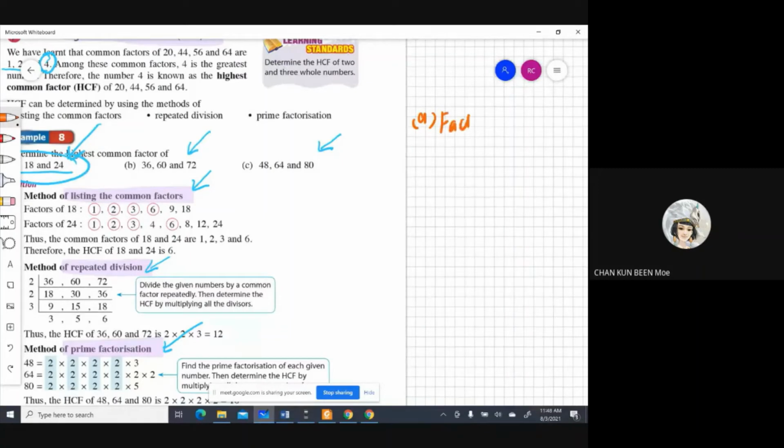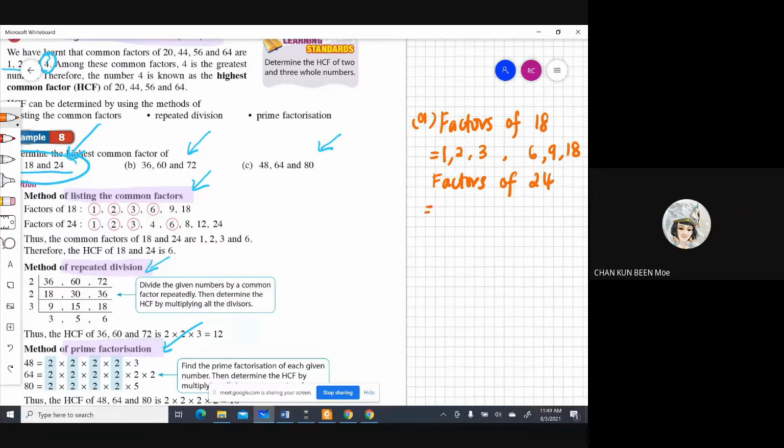You're just going to write, as usual, factors of 18. So you find out what are the factors of 18. 1 times 18 equals 18. 2 times 9, 18. 3 times 6, 18. Any more? No more, so just stop there. After that, find out the factors of 24.